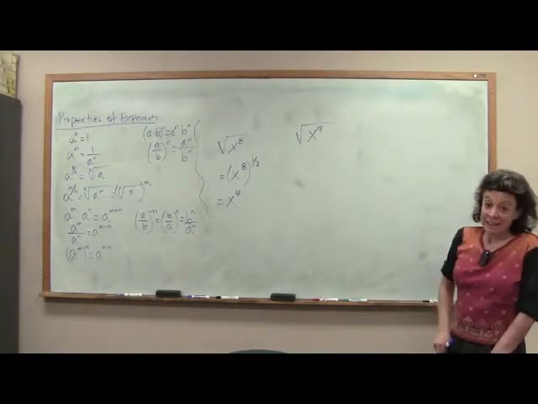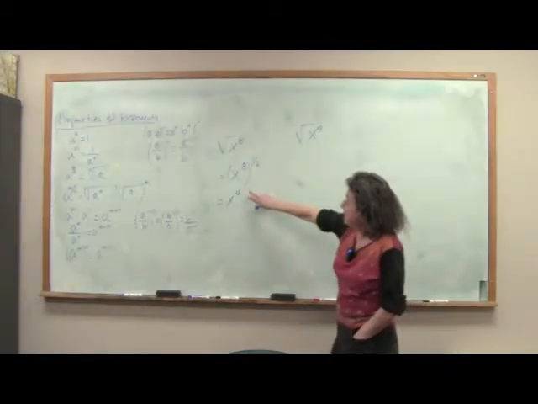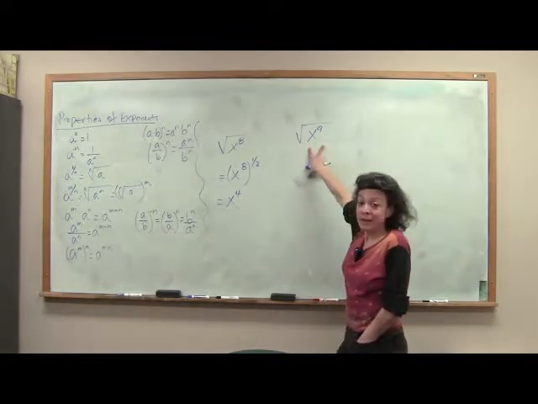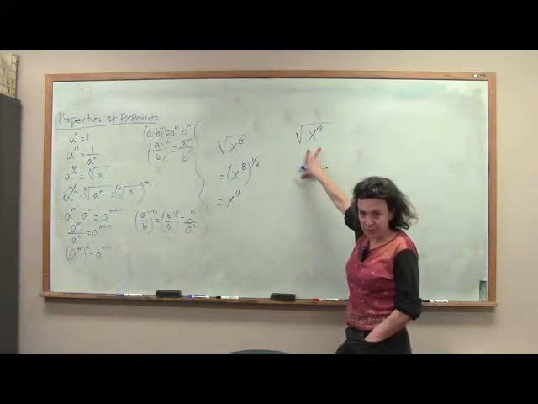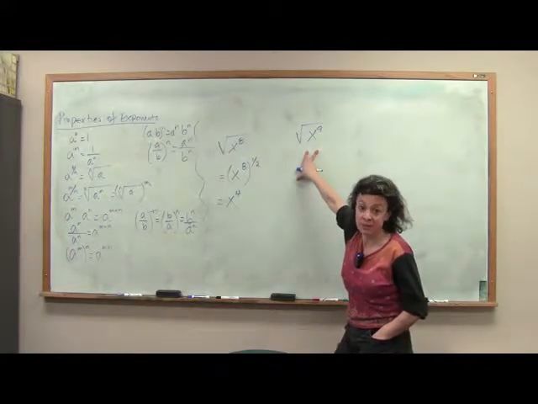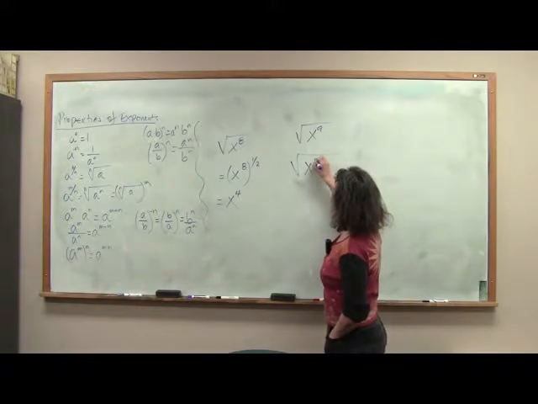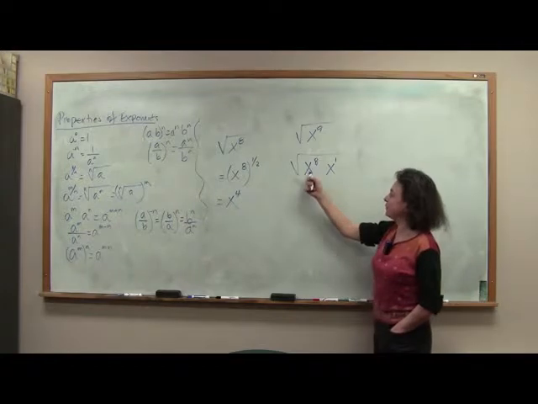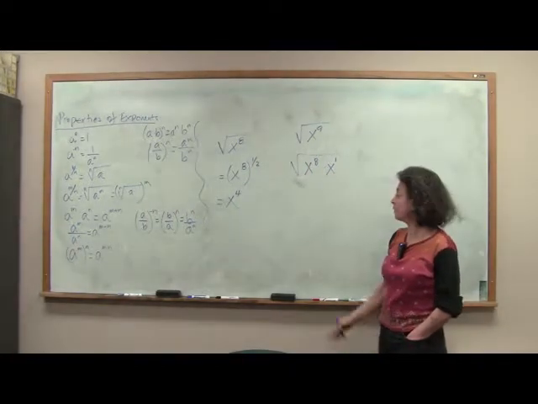I can't simplify that initially and get a whole number as an exponent. So when you encounter something like this, you say, okay, I can't take the square root of all of this, but I at least want to break this up so that I can take the square root of part of it. So we just saw that we could take the square root of x to the 8th. So I claim I can rewrite x to the 9th as x to the 8th times x to the 1st power.